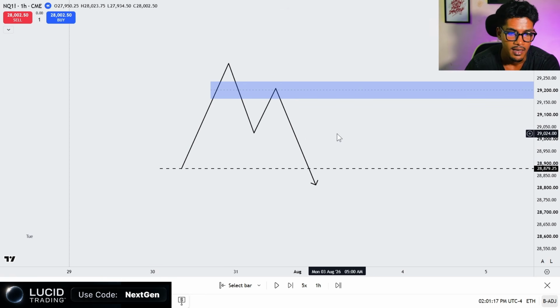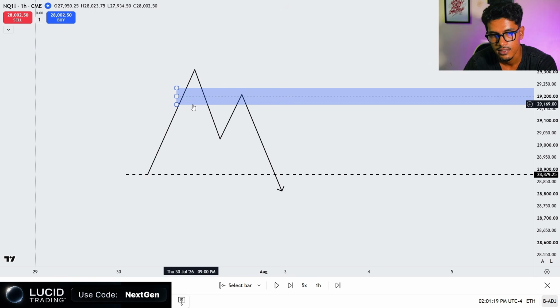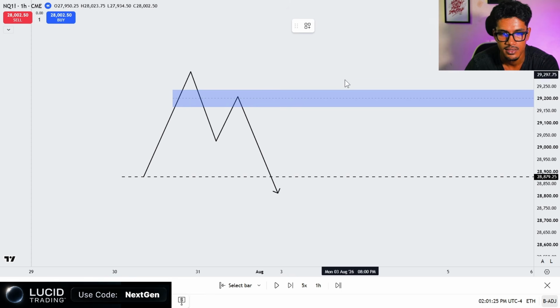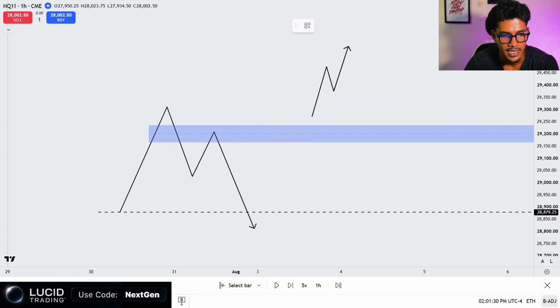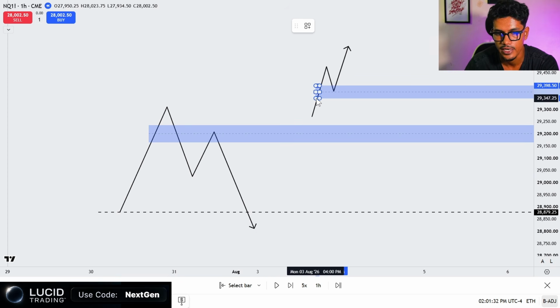Why? If you think with market psychology, if there's a gap right here, what does it mean? If buyers fail to push price from that fair value gap, because gaps send price in the actual direction, what does it mean?